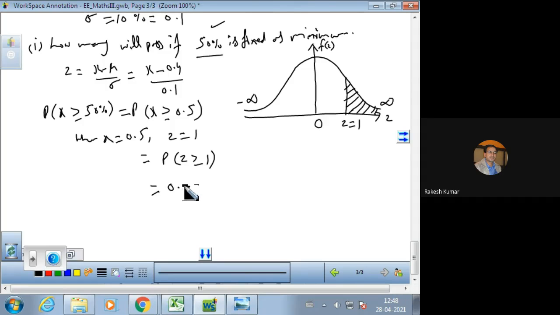So 0.5 minus probability 0 to 1. If we subtract this blank area from 0.5, you will be able to compute the area. So 0.5 minus probability 0 to 1, at z is equal to 1.